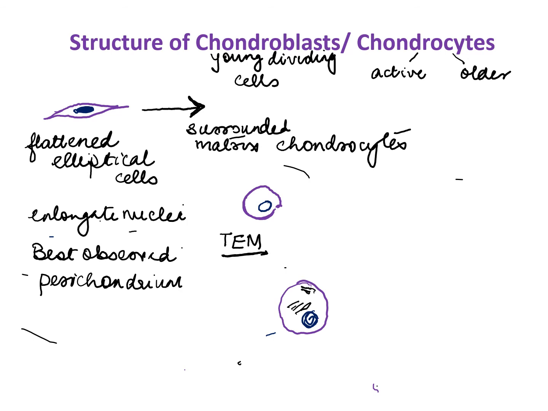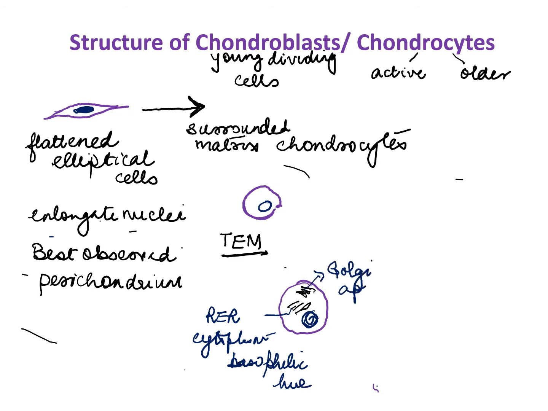The Golgi apparatus would be there to package the proteins which it's secreting. So these RERs, the rough endoplasmic reticulum with ribosomes, would give the cytoplasm a basophilic hue, and there would be the Golgi apparatus which would also be present. Plus, we would see some glycogen droplets.